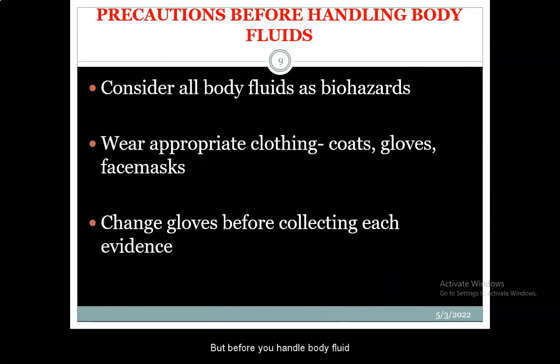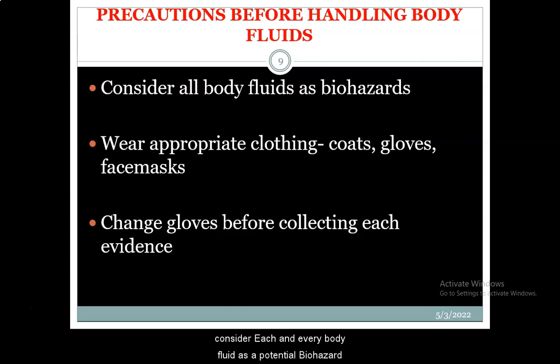But before you handle body fluid, let's say you find yourself at a scene of crime. You've gone through the whole process. You're about handling evidence. You are going to collect body fluid. There are some precautions or measures that you have to undergo before you come into contact with these body fluids. 1. Consider all body fluids as biohazard.